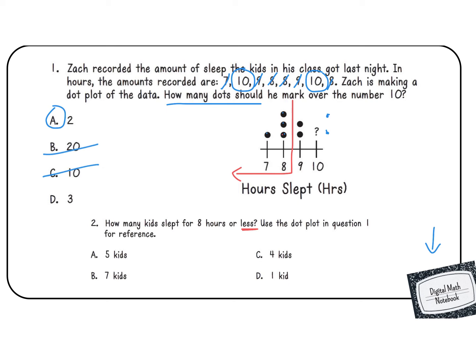That would be 1, 2, 3, 4. So 4 kids, because 3 kids slept 8 hours plus 1 kid slept 7 hours gives us 4 kids who slept 8 hours or less. Pause now to type in any work you need to show in your digital math notebook.